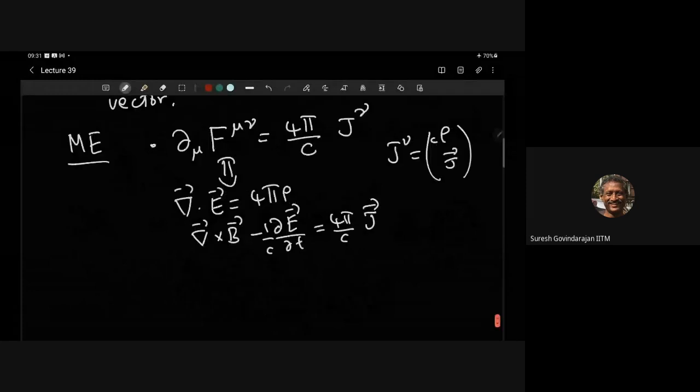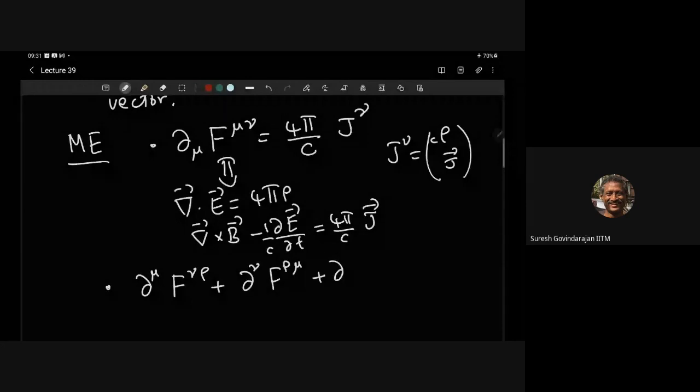But we still have four more equations to get. And so there's a trivial identity, which is a little bit more complicated to write. I'll write it and then we'll discuss. So cyclic permutations I'm doing here.